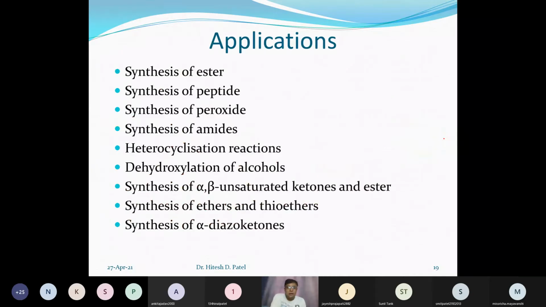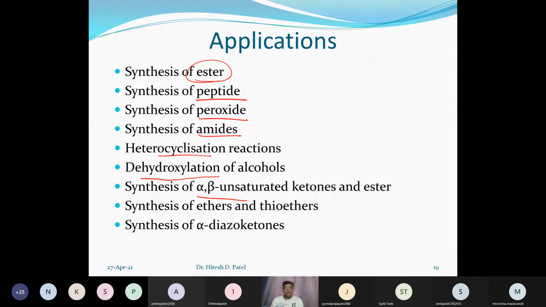Now, applications of DCC. Last time we discussed a little bit about the application of DCC. DCC we can use for the preparation of esters, peptides, peroxides, amides, then cyclization reactions, dehydroxylation of alcohol, meaning if you have an OH group in an alcohol, that OH group we can remove.